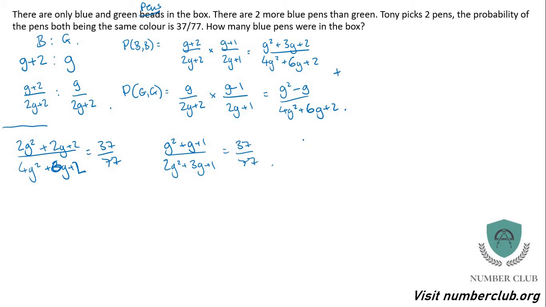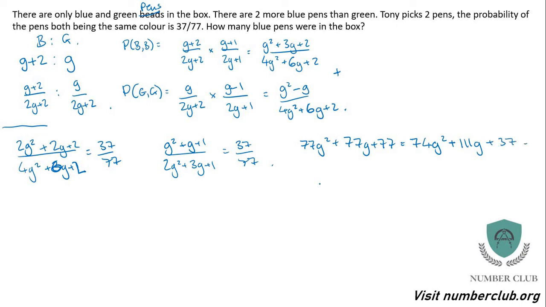Again, we can do the cross multiplication, so we'll end up with 77G squared plus 77G plus 77 is going to equal 2 lots of 37, which is going to be 74G squared plus 37 times by 3, which is going to be 90 and 21, which is 111, plus 37.